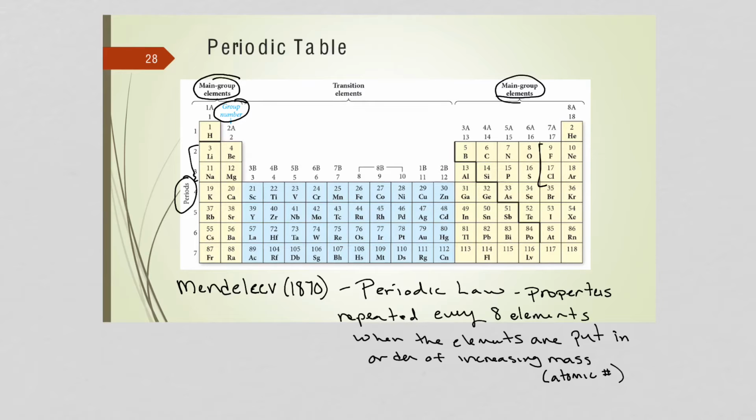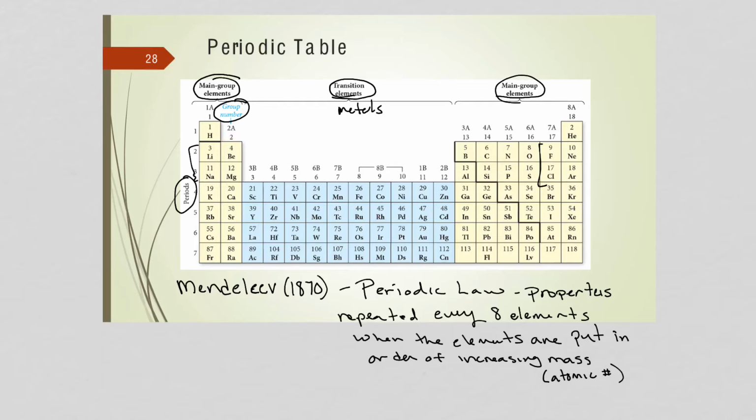And then there are these elements in the middle, which we call the transition elements or the transition metals, which do not tend to follow the periodic trends in terms of properties as well as these main group elements. In fact, if you were to go across these columns on the periodic table, there's not a whole lot of difference between the actual behavior of most of these elements.